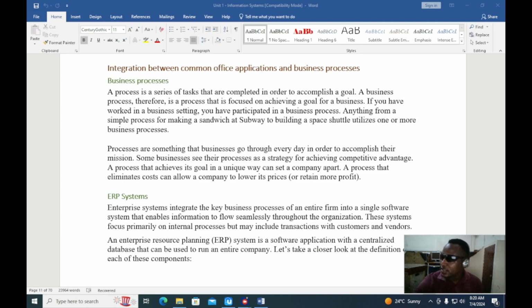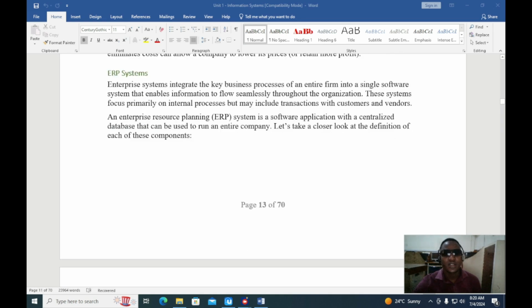Now let's look at ERP systems. ERP stands for Enterprise Resource Planning. Enterprise systems are able to put the business processes of a whole company or an entire firm into a single software.